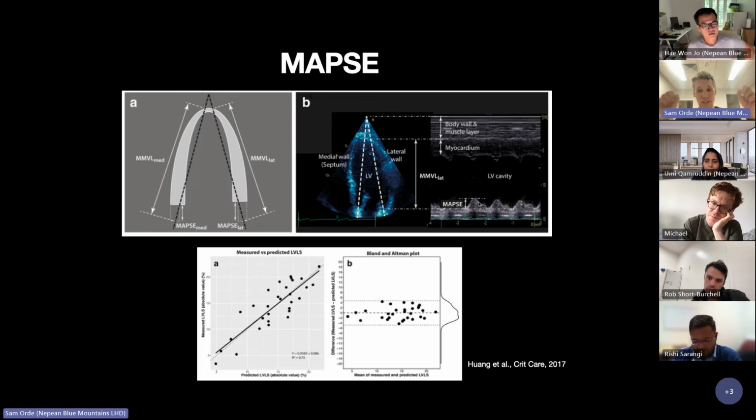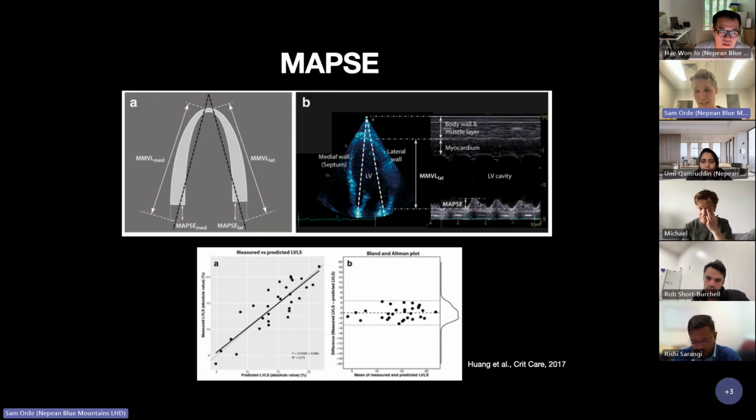The coronary arteries sit on the outside of the myocardium. So the bits of myocardium that are furthest away from the blood source are the longitudinal muscle fibers. And so the argument goes that in people who have heart failure, the first fibers to be affected are the ones furthest away from the coronary artery, which is the longitudinal one. So the longitudinal function is the first to get messed up in heart failure.